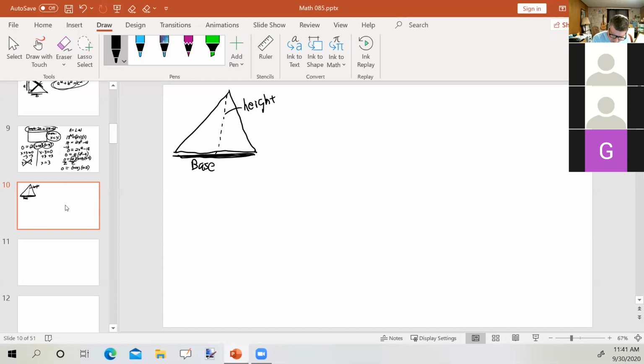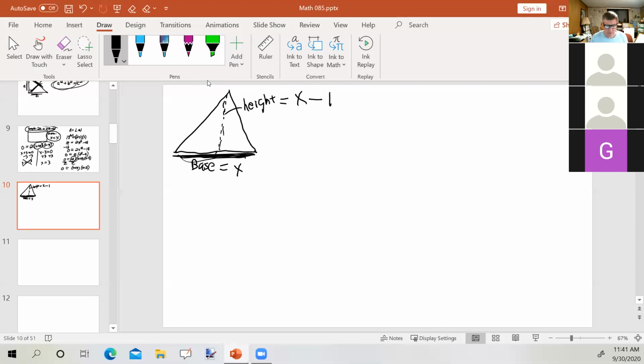Okay, so this is the height, this dotted line, and this is the base. It says the height is 1 centimeter less than the length of the base. So if we call the base x, the height would be x minus 1, as in minus 1 centimeter.